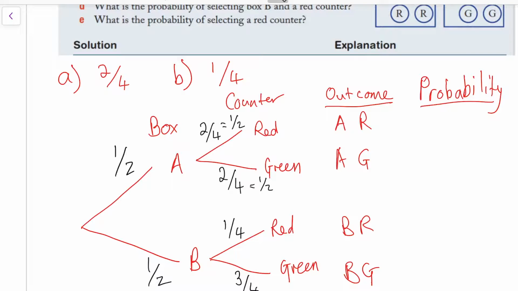So my probability is a half times a half, which gets me 1/4, a half times a half, which gets me 1/4, and those are my probabilities for my box A options.